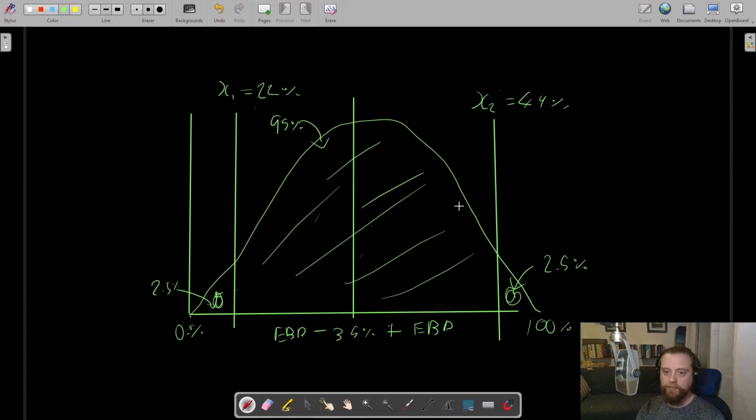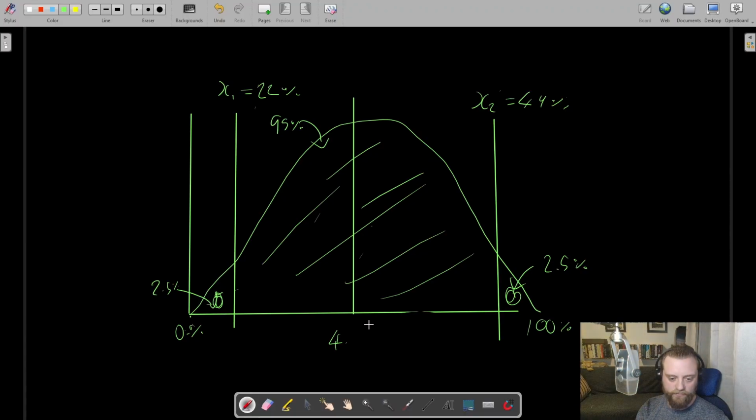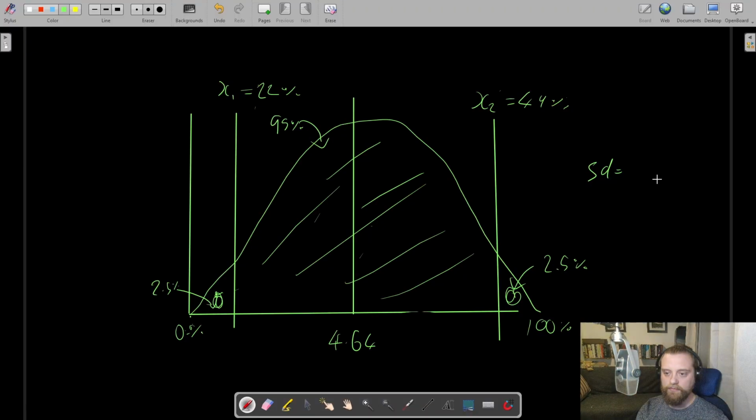So let's put that into our distribution. In this case, we have 4.64 as our mean, and our standard deviation is 2.47.